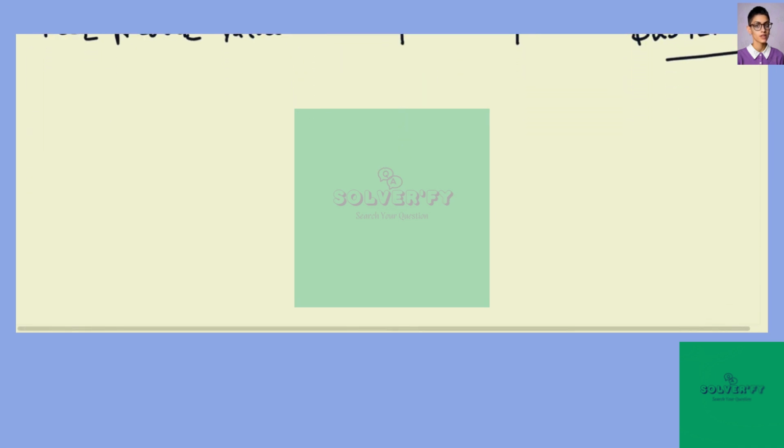Now moving on to the next part, which is the payback period. For the payback period, we need the annual after-tax cash inflow. So before I do the payback period, I will calculate the annual after-tax cash flow.